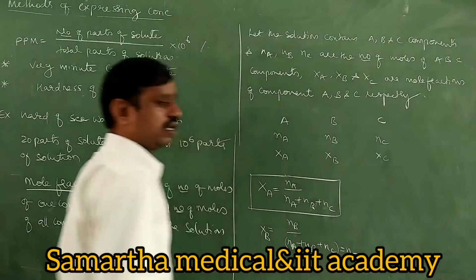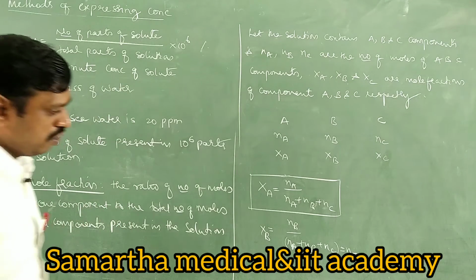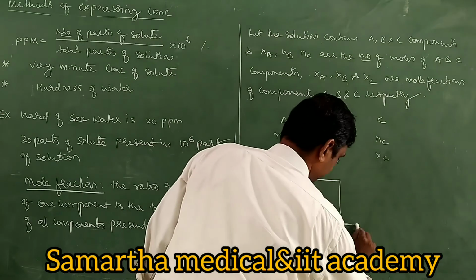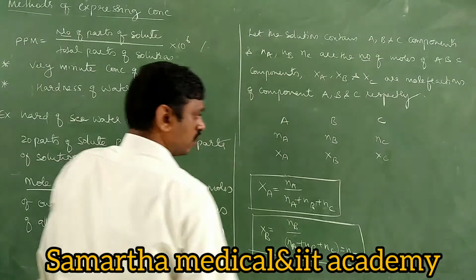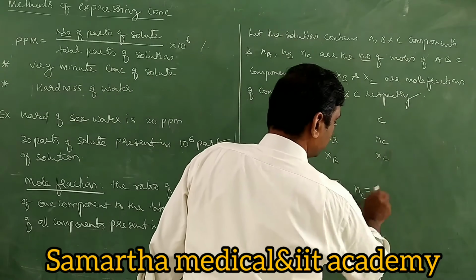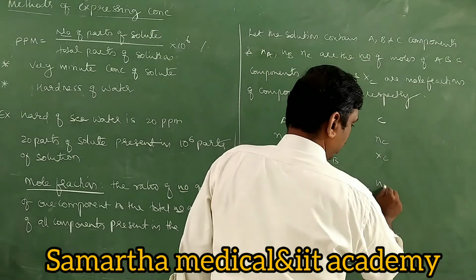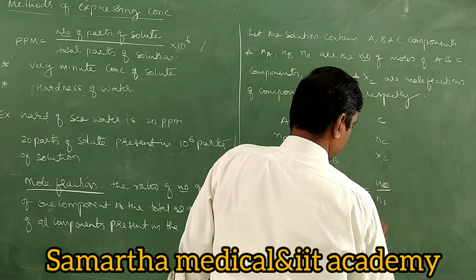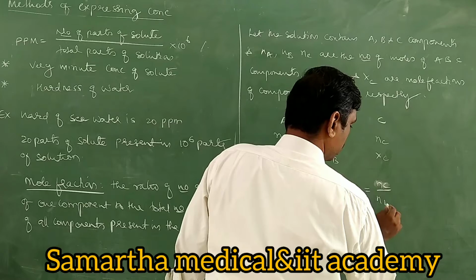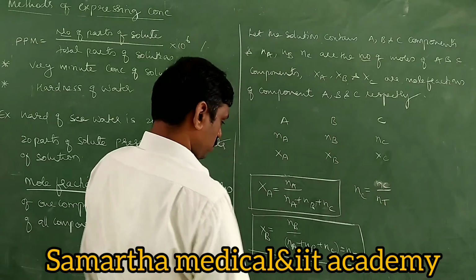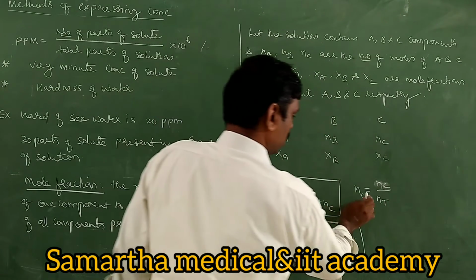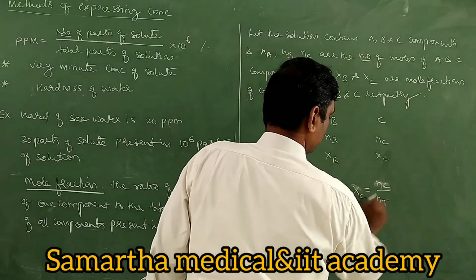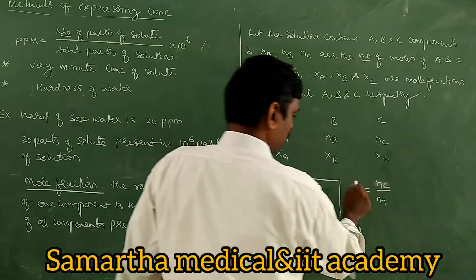What is the T? N total, number of moles. Next, then XC equals Nc by NT.